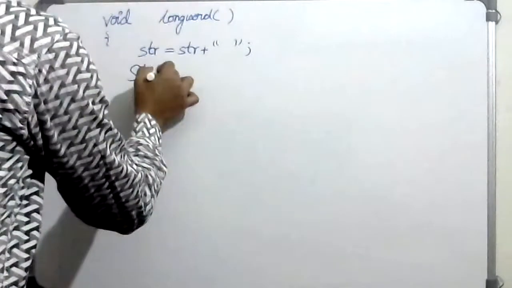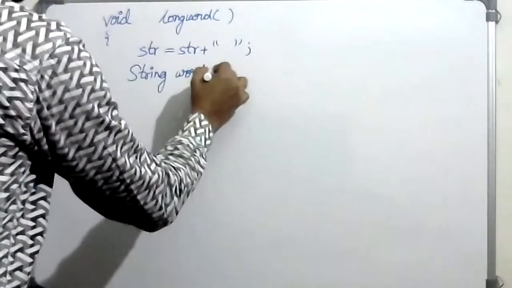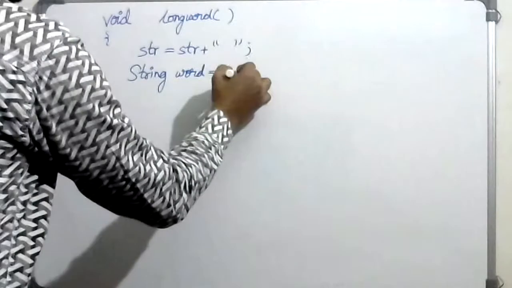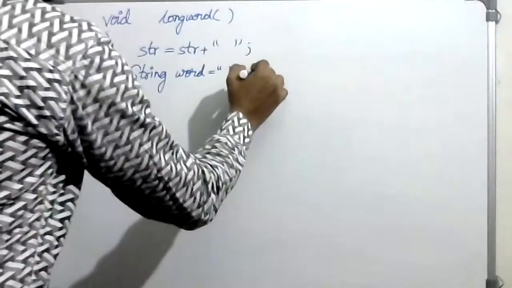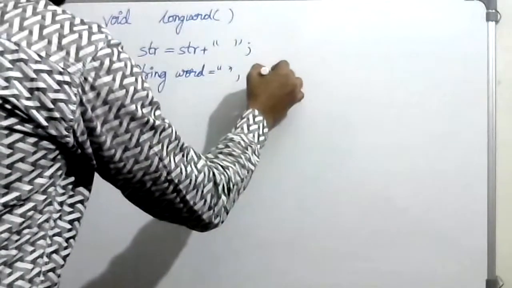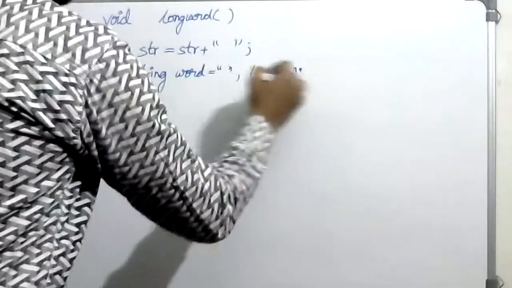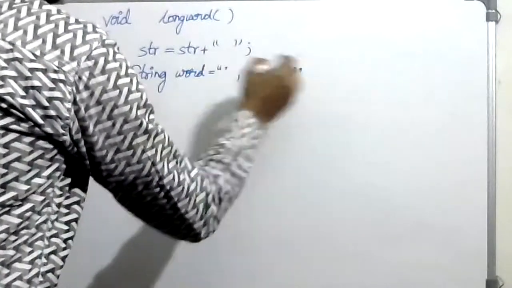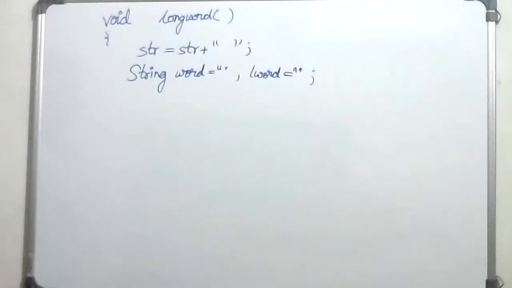We'll define two variables here. The word variable, which is the current word, initialized to null, and the L word variable, which is the longest word, which is also initialized to null. We'll need these two variables.